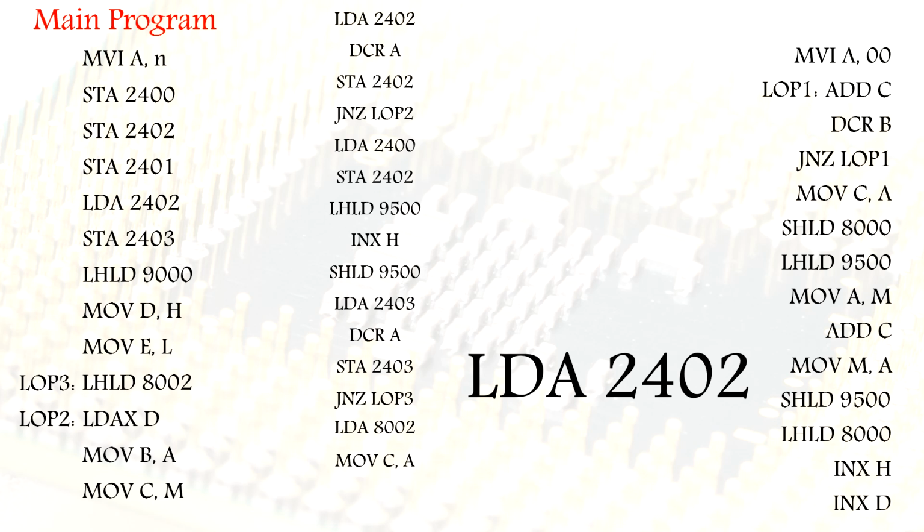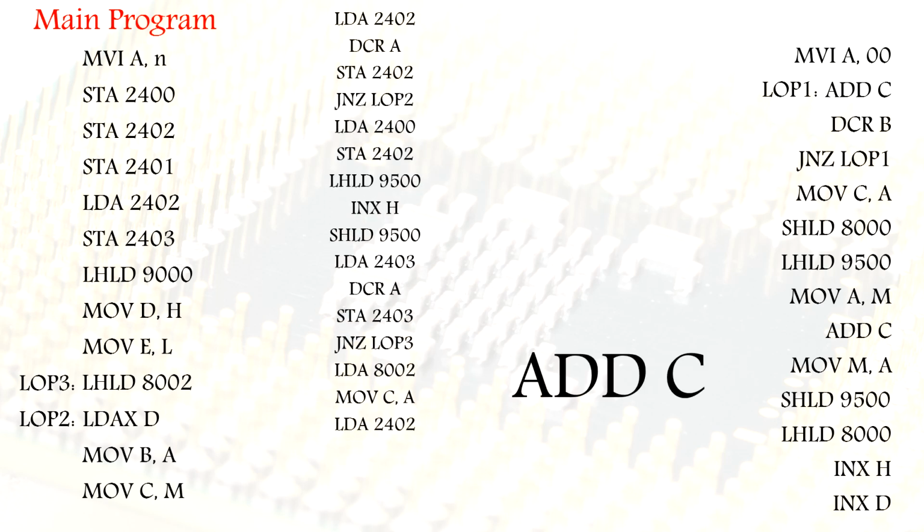Fine. So I moved that 01 to accumulator A, and then eventually to C, and now we are moving 2402, that's carrying n, into accumulator A, and we are adding that to C, so that 2501 now points towards 2501 plus n.